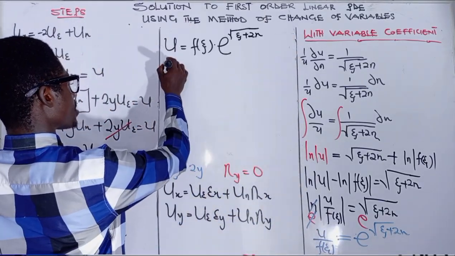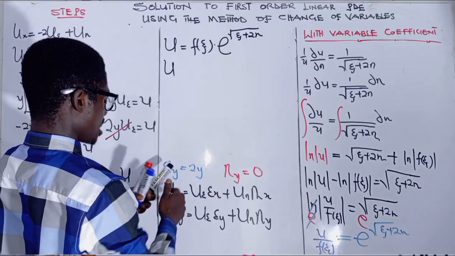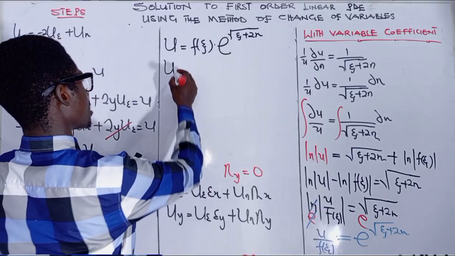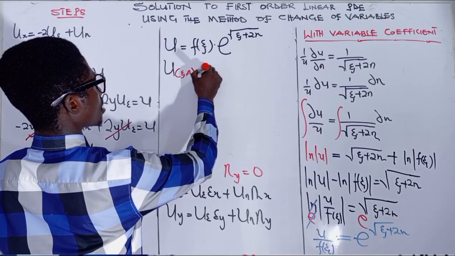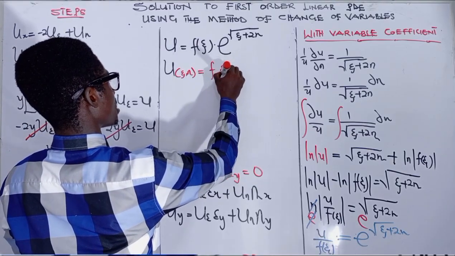So it means that this general solution is in terms of xi and eta. So we have a function of xi.